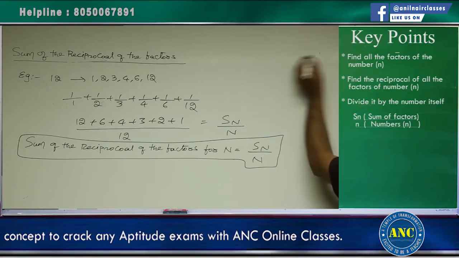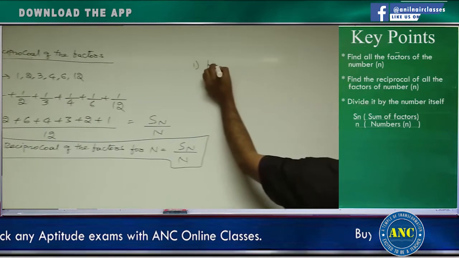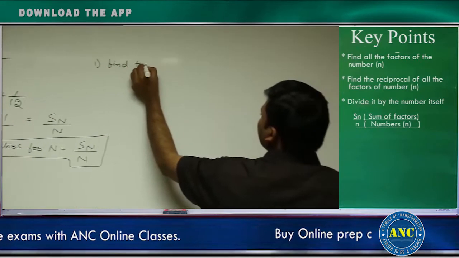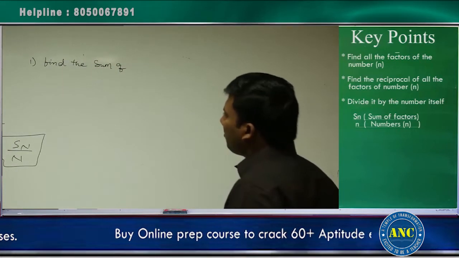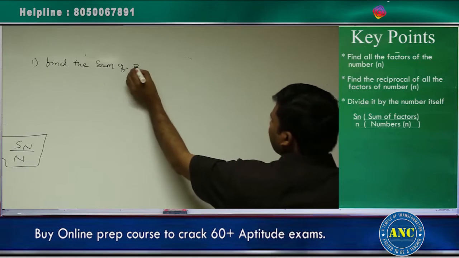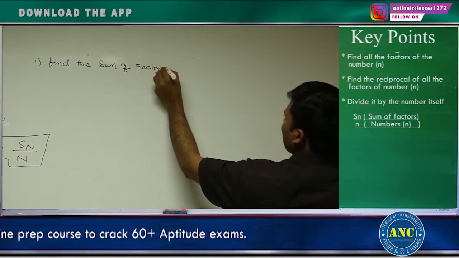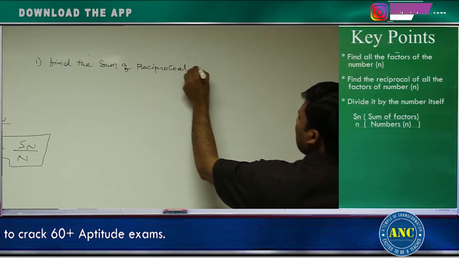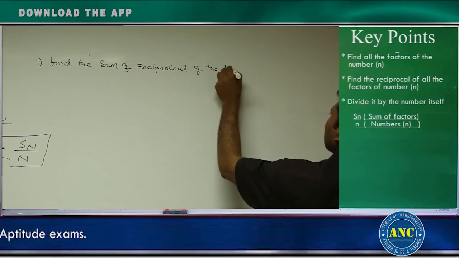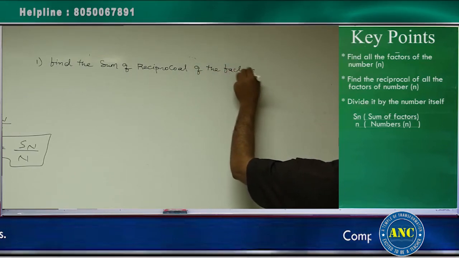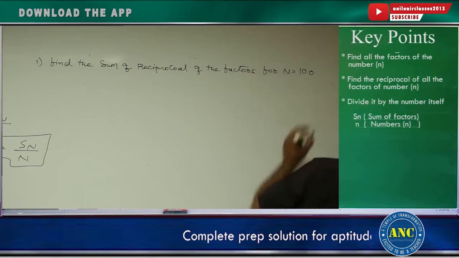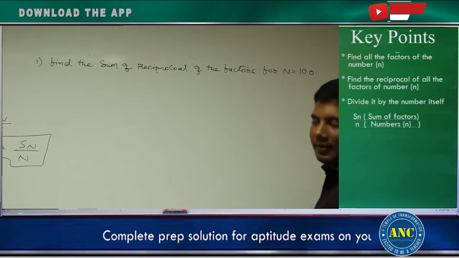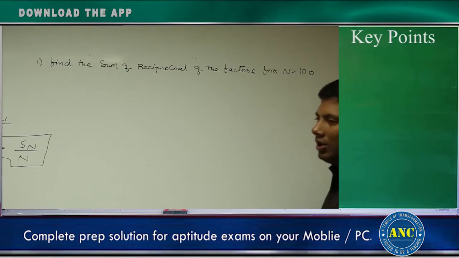First one. Find the sum of the reciprocal of the factors for n equivalent to 100.